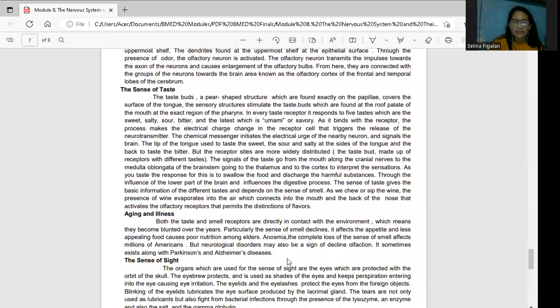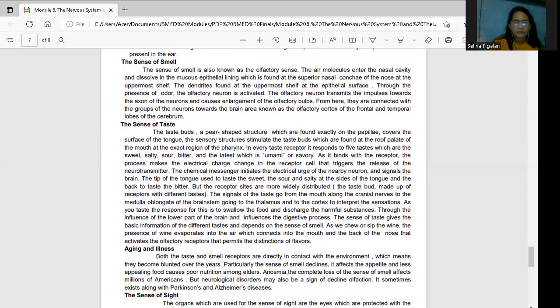It says here that neurological disorders may be a sign of decline in olfaction. The olfaction is the sense of smell, olfactory. Pag nawawalan siya ng panglasa, one of the factors here is the neurological disorders, the Parkinson's and the Alzheimer's.